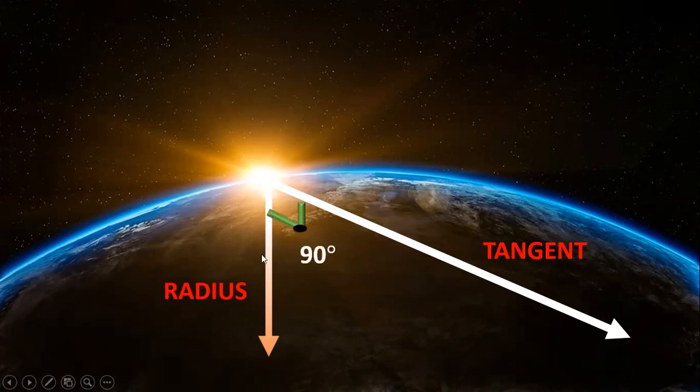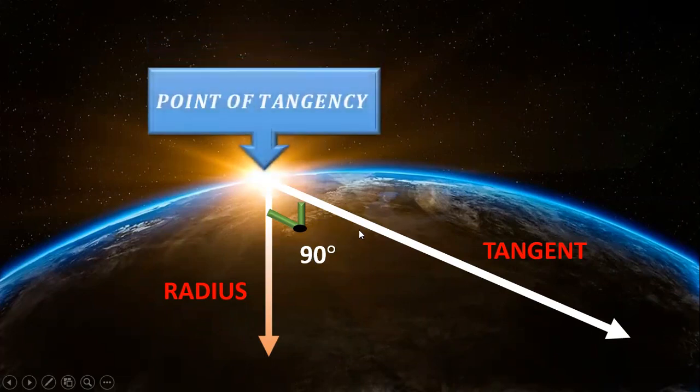So this is the radius, this is the tangent, and the angle between a radius and a tangent is always 90 degrees. And the point where the tangent and the radius meet is called the point of tangency. All right, any questions there?